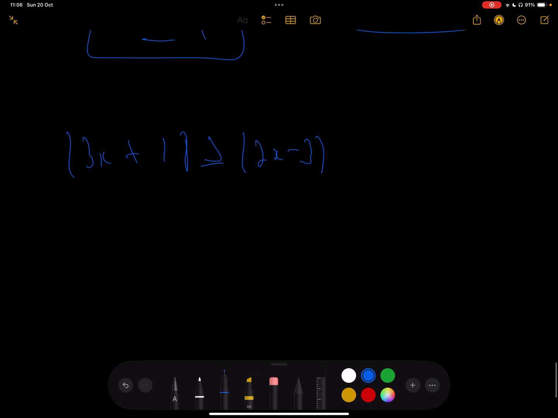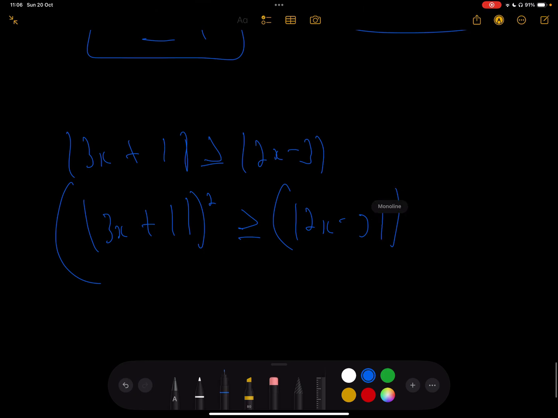So what would we do? Well, we'd square both sides to get the modulus of 3x plus 1 all squared is greater than or equal to the modulus of 2x minus 3 squared. Here you shouldn't be doing the plus or minus approach. You should be squaring both sides, because we know that the modulus of a, squared, is equal to a squared, right?